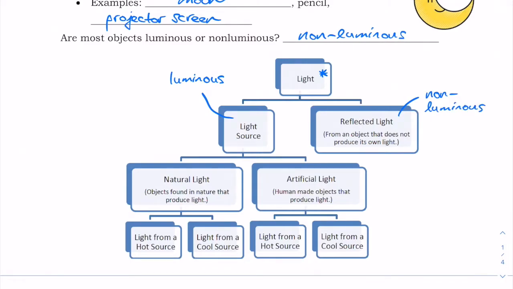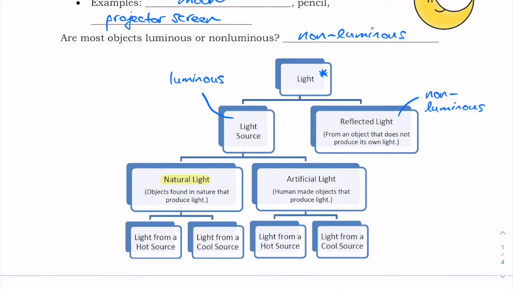For luminous objects, we can further break them down into two categories. The first one is some source of natural light. Natural light meaning it's just the way it is, for example, the sun, stars in the night sky, etc.